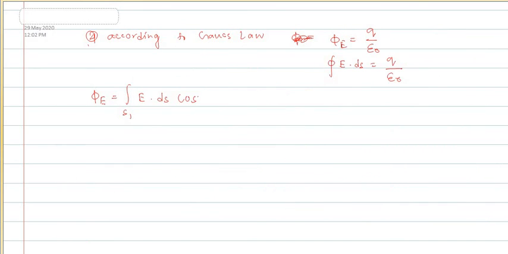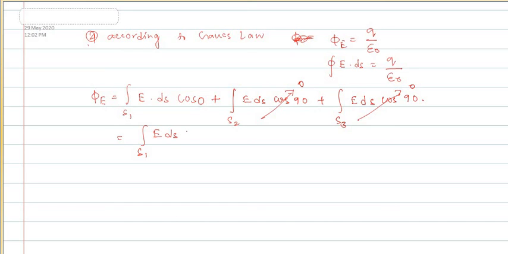For surface 1 the value is equal to 0, plus for surface 2 it will be E dS cos 90, plus for surface 3 it is equal to E dS cos 90. Now see, cos 90 is 0, so this part is 0, this part is also 0. So we are getting the integral of E dS cos 0.